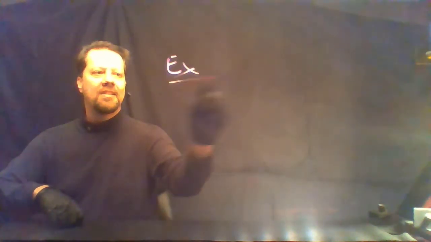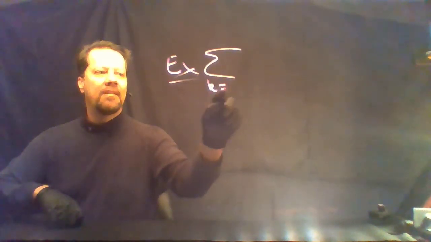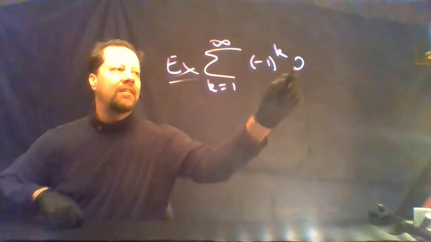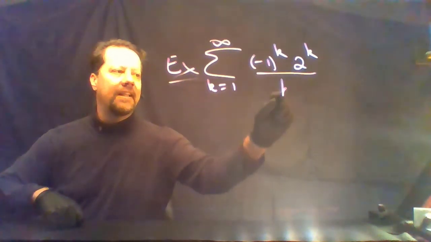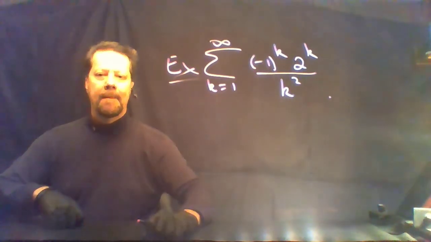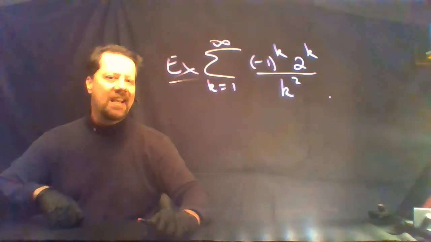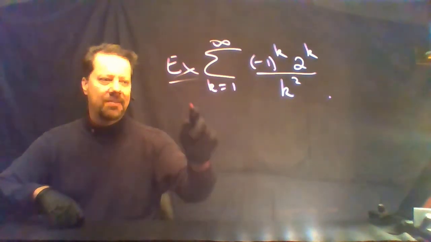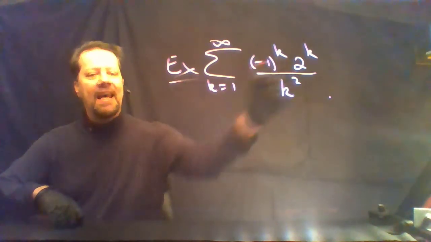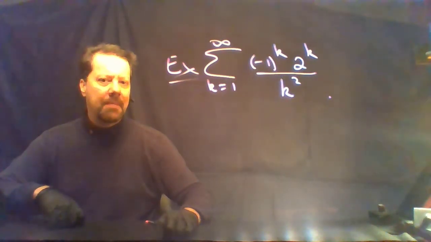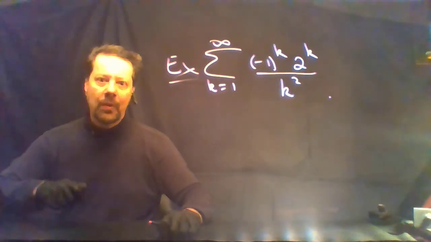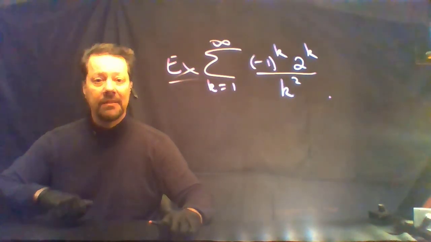In our next example, suppose we have the sum, as k goes from 1 to infinity, of negative 1 to the k of 2 to the k divided by k squared. The way to analyze this is using the divergence test. 2 to the k blows up exponentially. k squared blows up quadratically, like a polynomial.